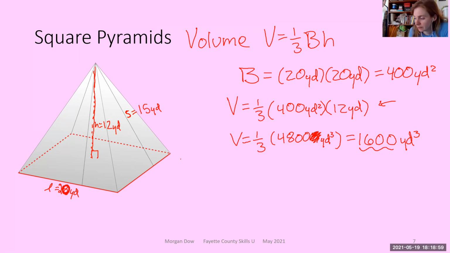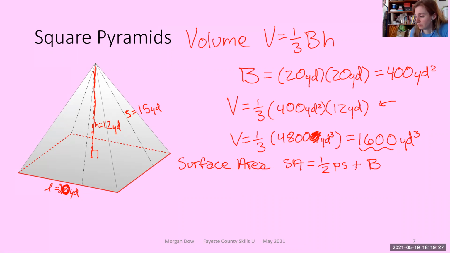Let's go ahead and find the surface area. So surface area, take a look at your formula sheet. The surface area of a square pyramid is half of the perimeter of the base times s plus the area of the base.